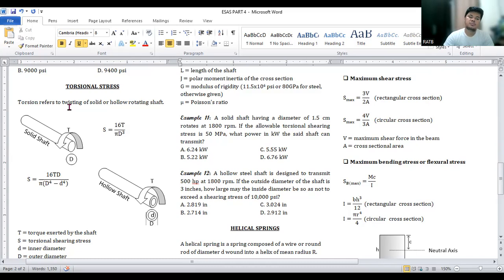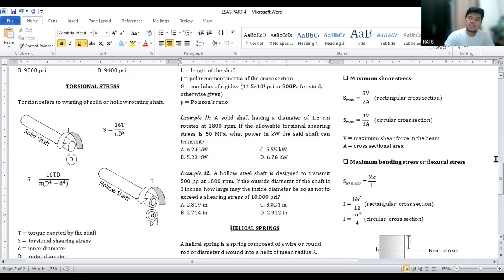So this time, we will be examining the stress developed by a body when it is subjected to torsion, meaning to say it's subjected to twisting.